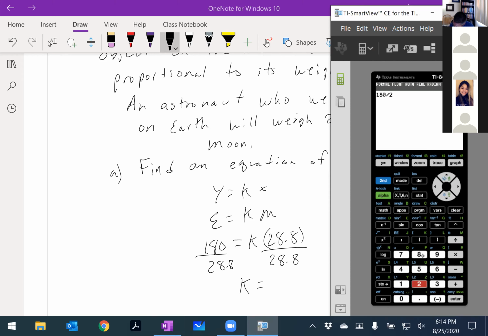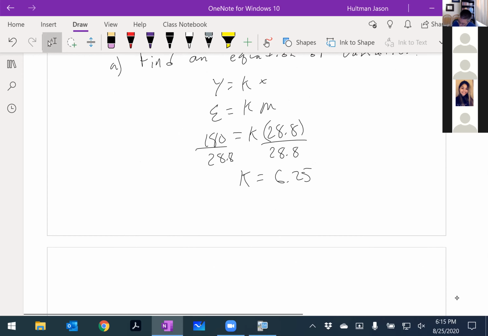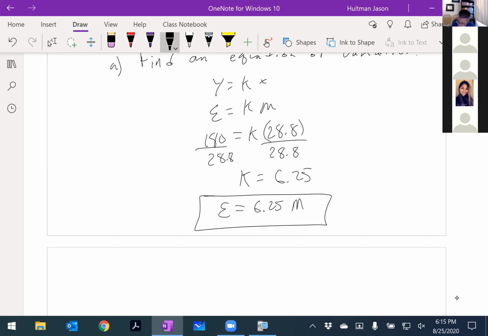Okay, so we're getting 6.5. Thank you, Chris. 6.25, exactly. So you weigh 6.25 times more on Earth than you do on the moon. So the equation, or the conversion factor, is E, your weight on the Earth, is equal to 6.25 times your weight on the moon. So there's my formula.